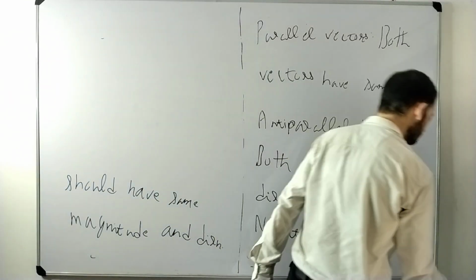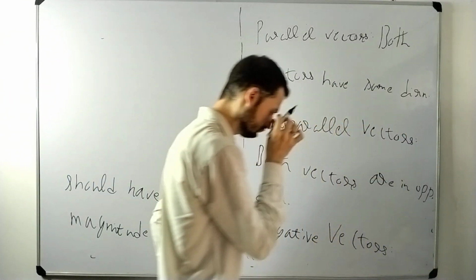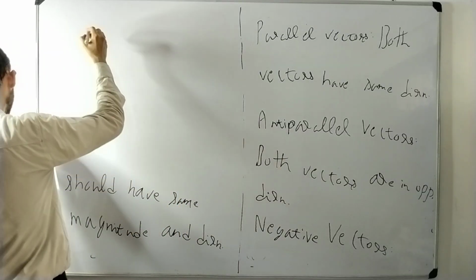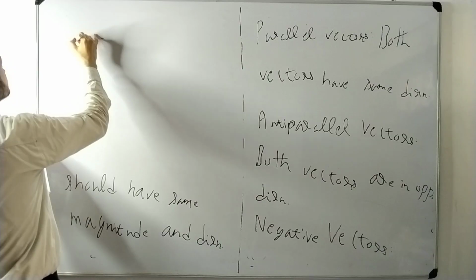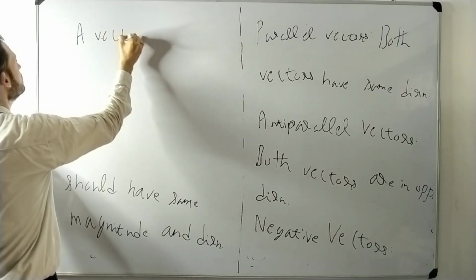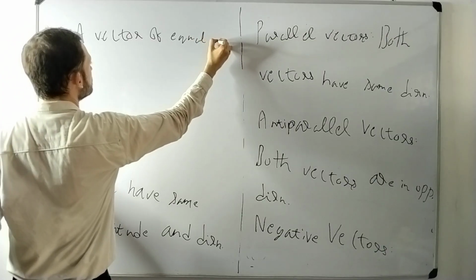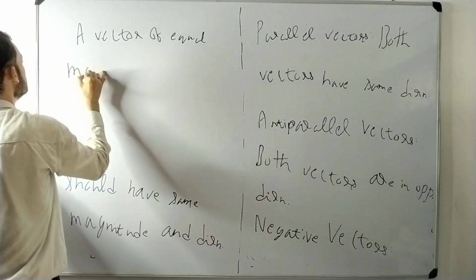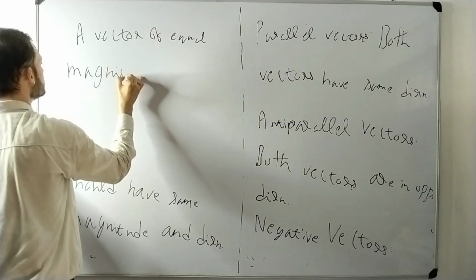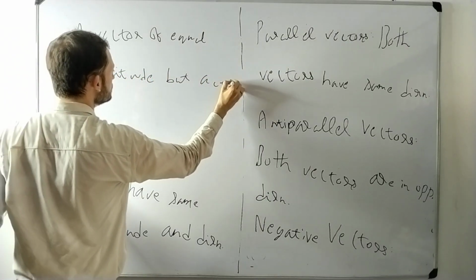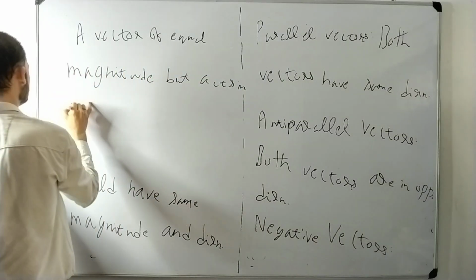Negative vectors: a vector of equal magnitude but acts in the opposite direction.